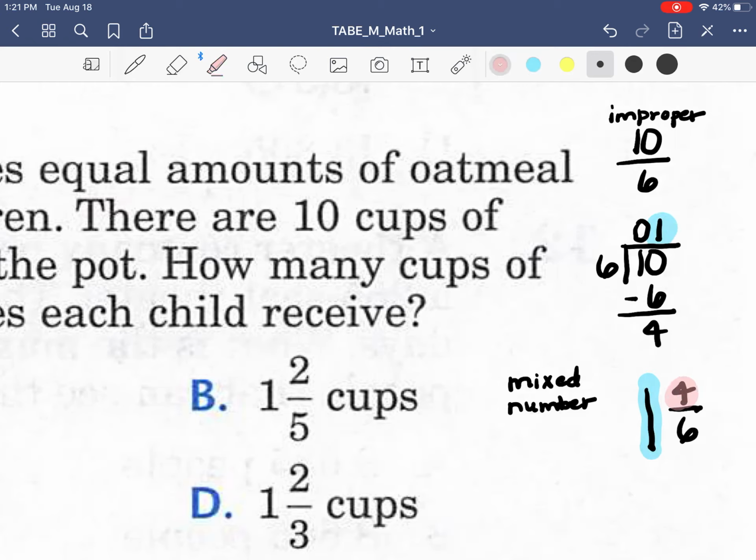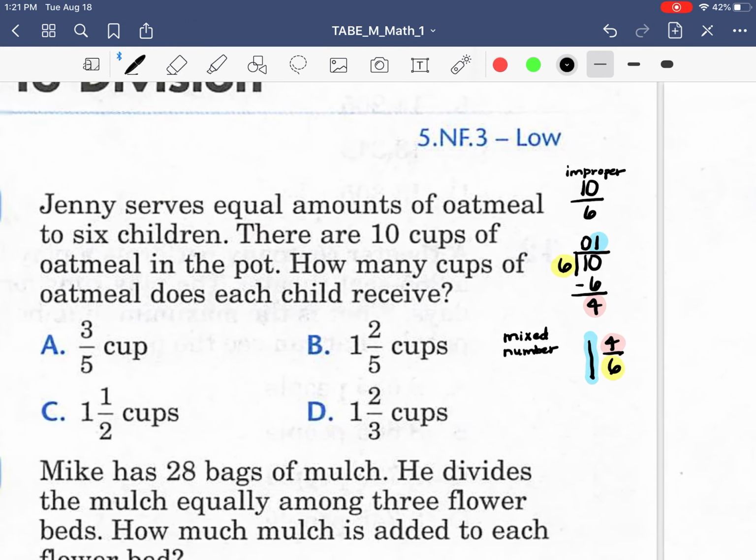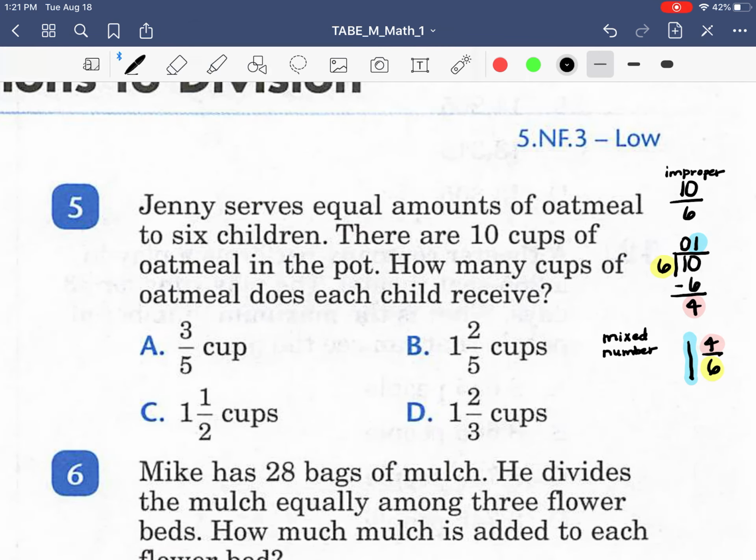So you've got 1, 4, and 6. And you look at your choices. And that choice is not there.